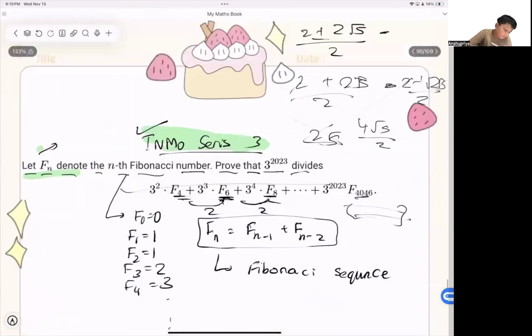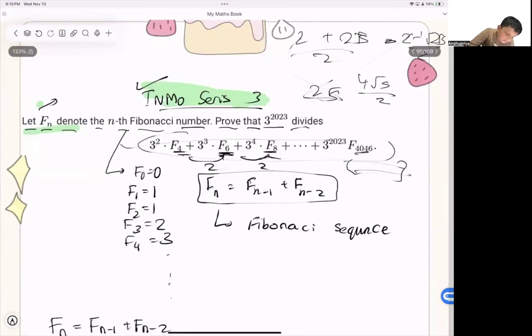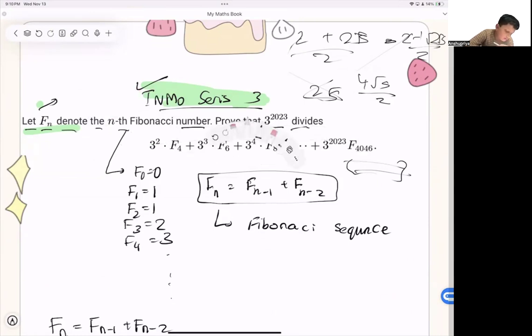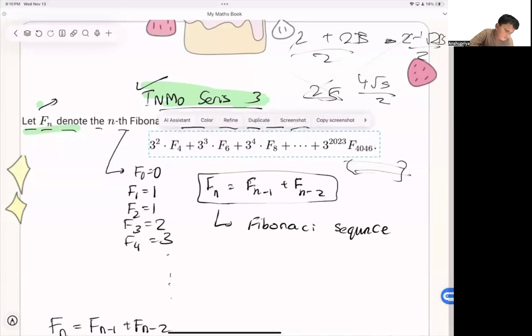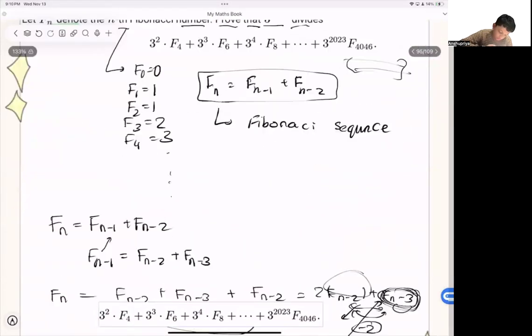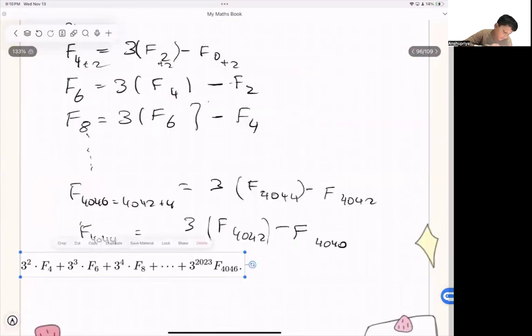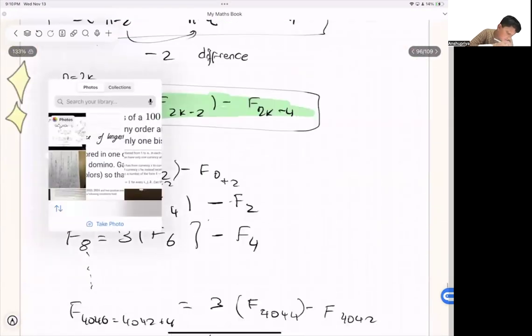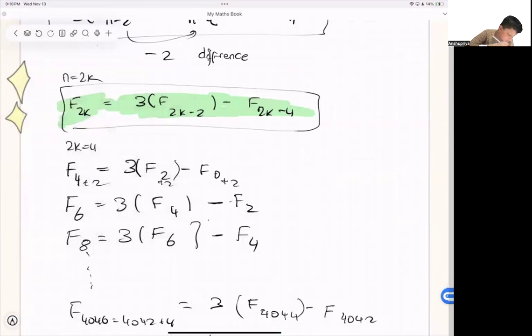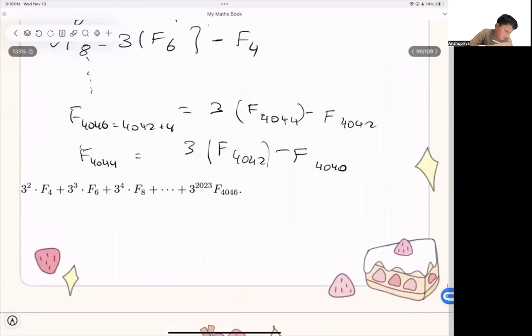So now we will put this in this expression. Okay, I will copy paste this expression so that you can see it easier. We will put the values of F4, F6, F8, dot till F4046.